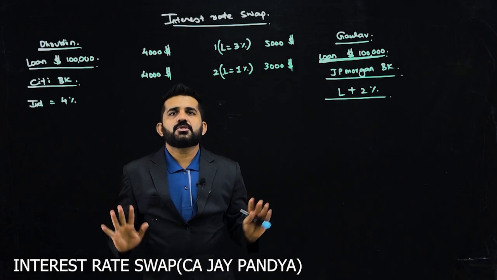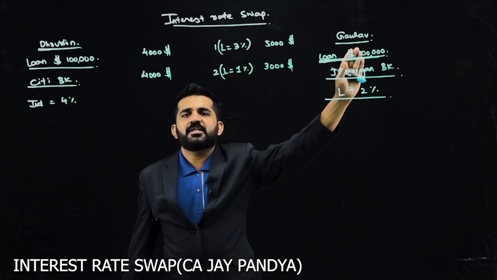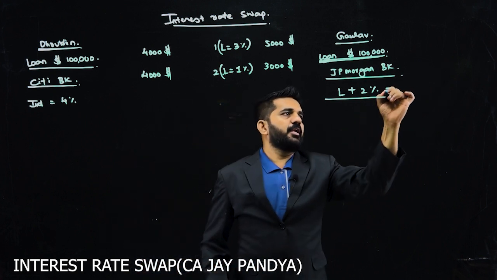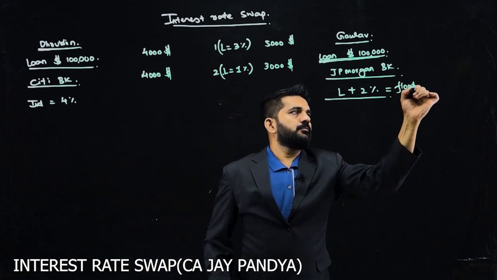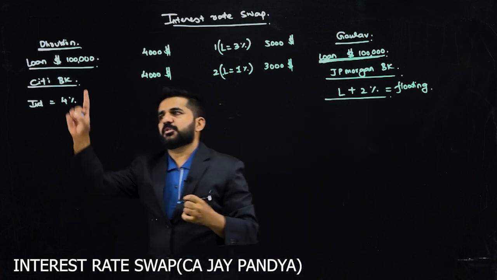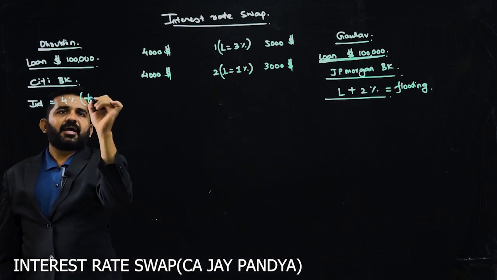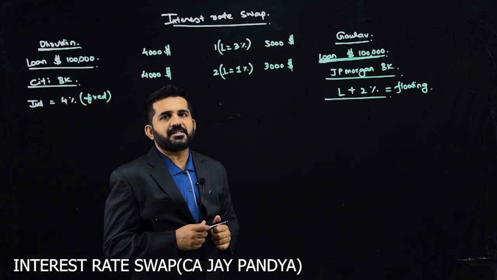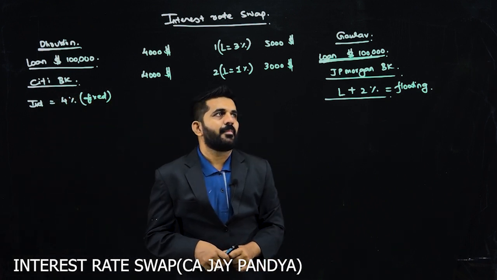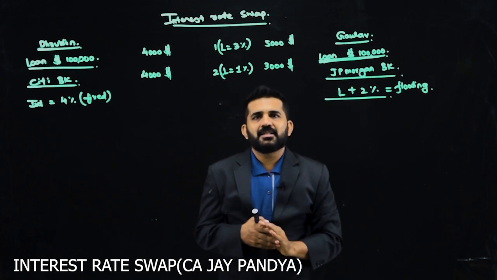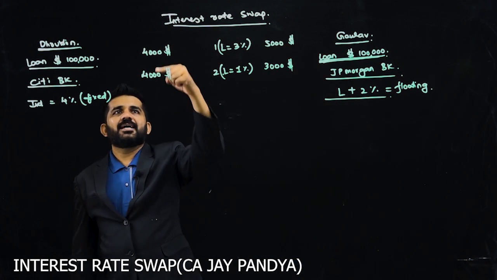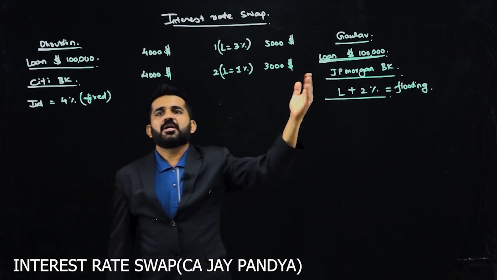Now understand, there is no swap over here. They are just a loan agreement. One person has taken a loan at a floating rate of interest. Another person has taken a loan at fixed rate of interest. Now understand, at the starting of third year, Gaurav feels that the position of Dhruvin is very good because his amount is not dependent upon LIBOR.